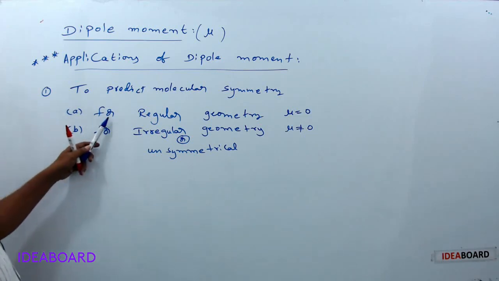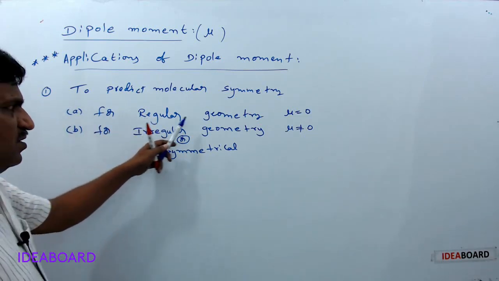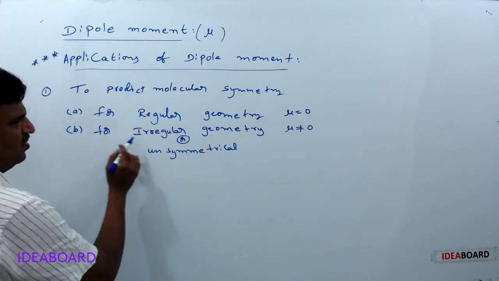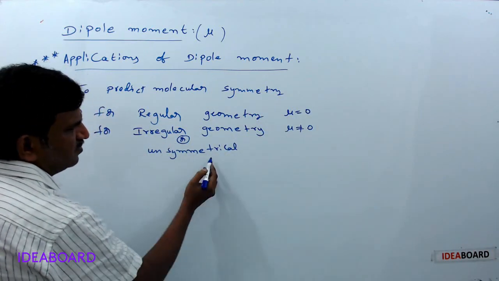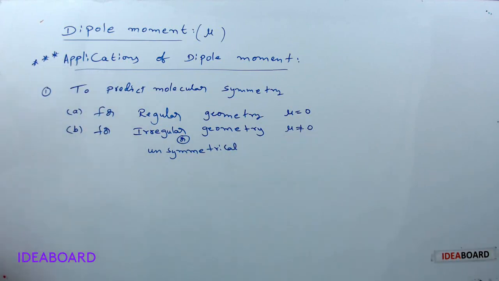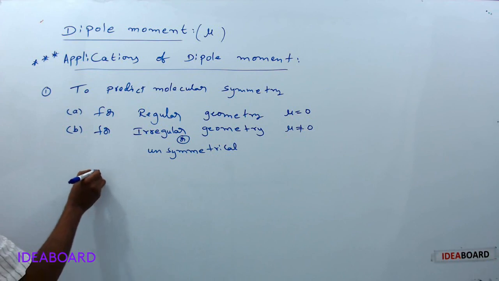The first one we explained with examples also: for regular geometry, dipole moment is 0. Second point is for irregular or unsymmetrical geometry, then their dipole moment is not equal to 0. How can we say?